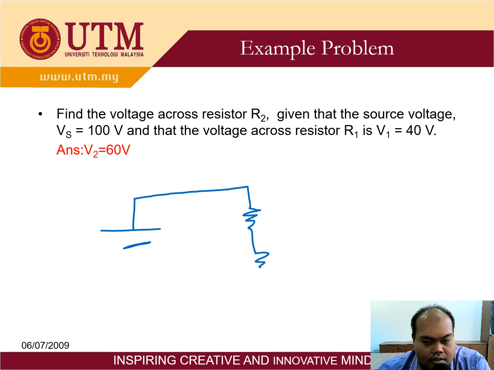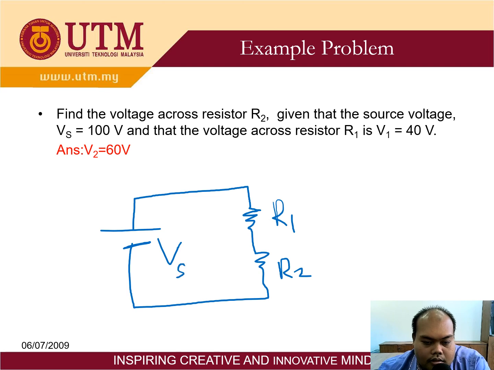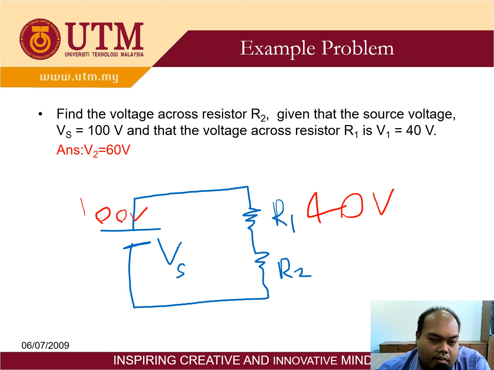this one is R1, this one is R2. So Vs is 100 volt, V1 is 40 volt, and you have to find V2. Remember the direction of current: the longer bar is positive, the shorter bar is negative.